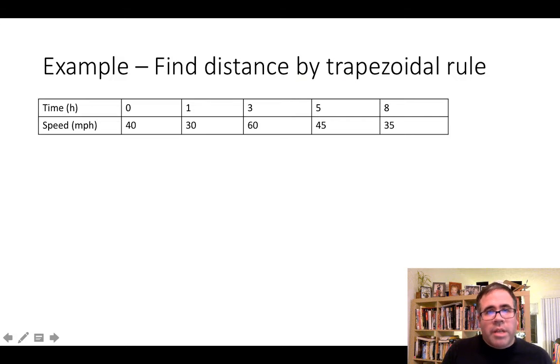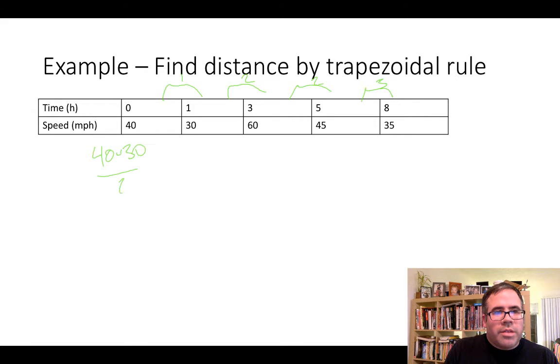So let's do it. Find a distance now by the trapezoidal rule. So with these, again, we want to find the intervals 1, 2, 2, and 3. Now we have this extra problem of, well, let's actually average these. So we'd have to do 40 plus 30 over 2, multiply that by 1.